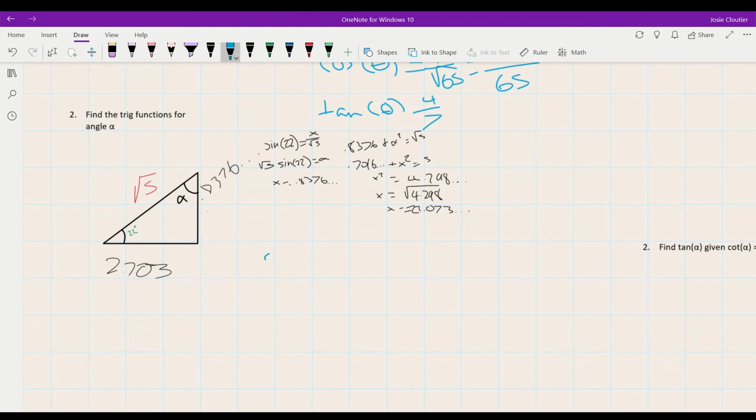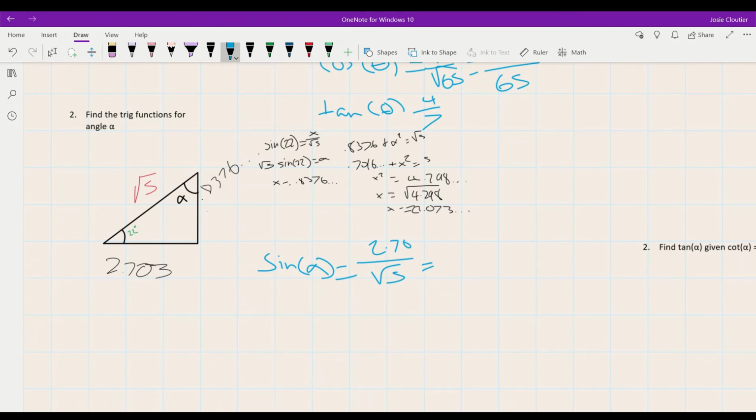Sine of alpha is equal to, I'm just going to write it to 3 sig figs because we're not actually getting an exact value, so I'm just going to write it for simplicity, 2.70 over square root 5.